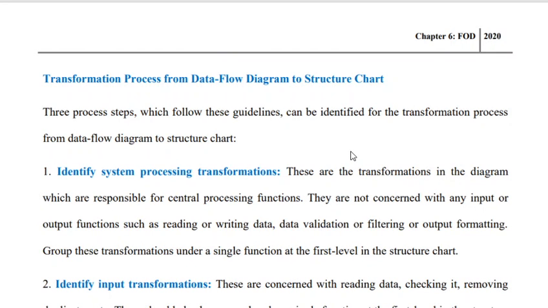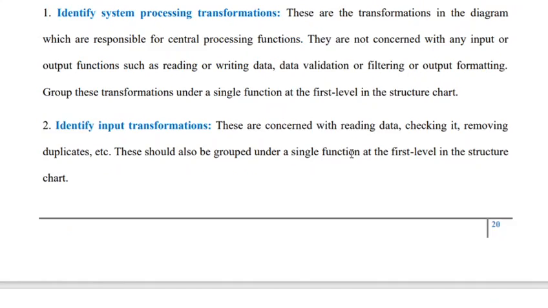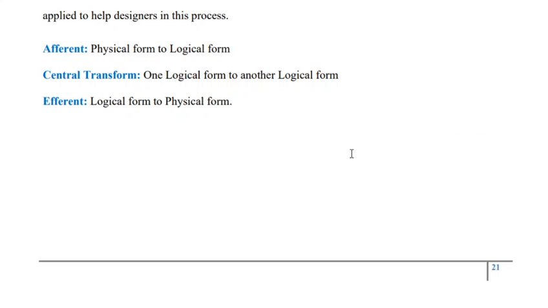Now, for us as software engineers, it's very important to identify transformation processes from the data flow diagram, and how to transform processes from the data flow diagram to a structured chart, right? What we tend to do is identify three important aspects of the system: afferent, central transform, and efferent, that we have already learned in the previous chapter.